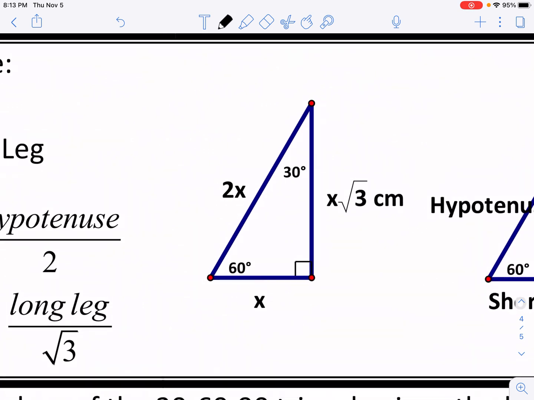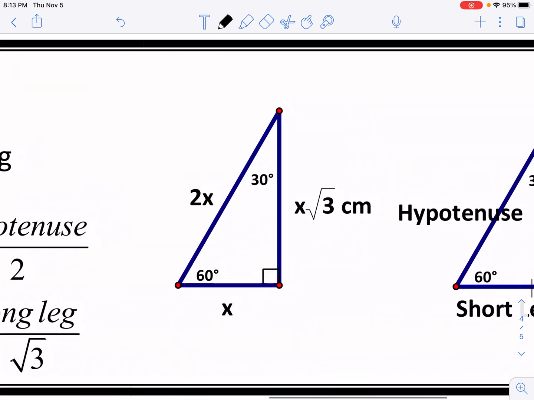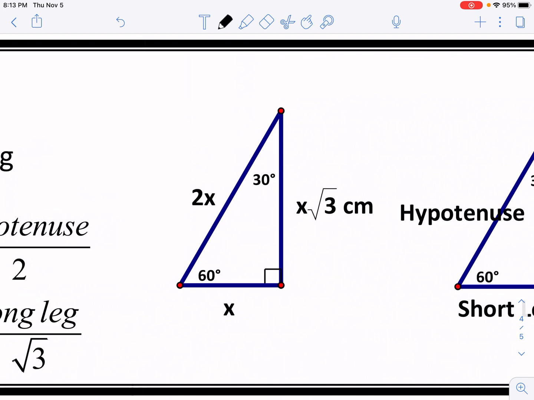Now, I used y because they had x listed there, but going back to x here, if the shortest side, okay, that's important. The shortest side is x, that leg times 2 would give us our hypotenuse. And the longest leg would be the shortest leg x times the square root of 3.